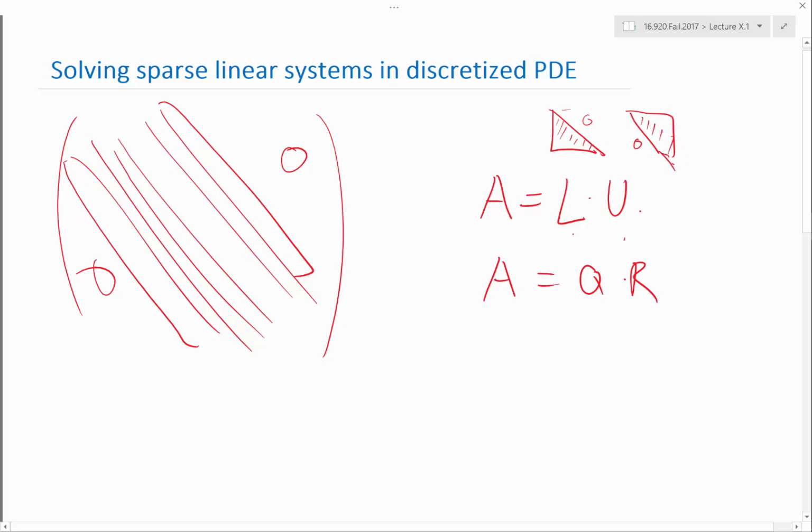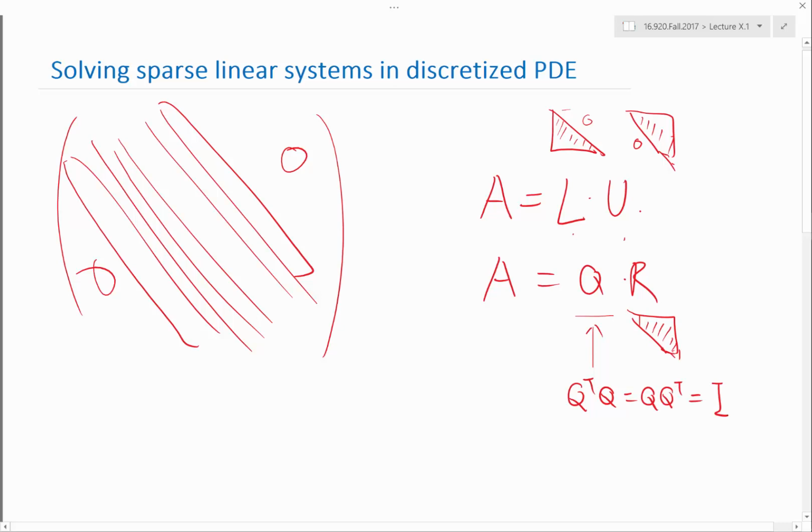QR decomposition is different. R is also upper diagonal. I don't know why they use different names for U and R, but they have exactly the same meaning, an upper diagonal matrix. And Q is something different. It's called the orthogonal matrix, orthonormal matrix. So Q has the property that Q transpose Q is equal to the identity.